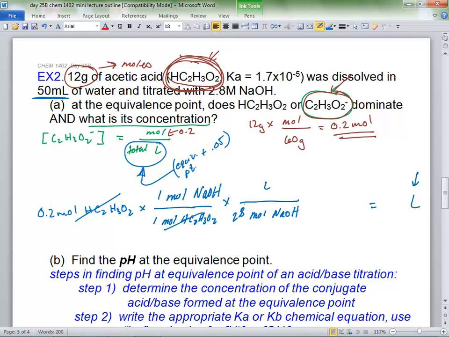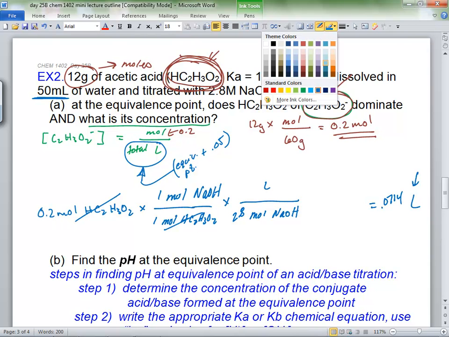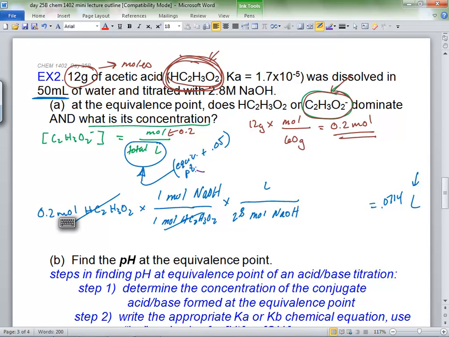0.2 divided by 2.8, about 0.0714. So that equivalence point, 0.0714. So we can get our concentration of our acetate.